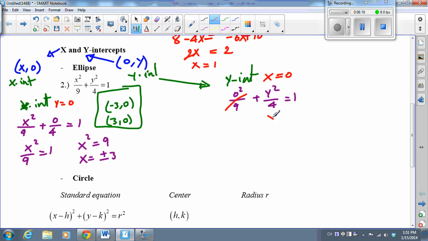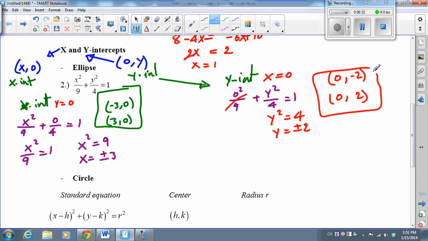If you cross multiply, you end up with y squared equal to 4. So y is equal to plus or minus 2. So the two coordinates are (0, -2) and (0, 2). Once again, these are your x-intercepts, and these on the other hand are the y-intercepts.